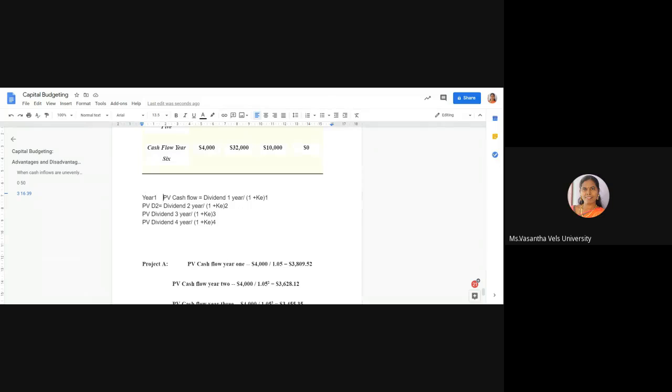So the dividend will not come here. Cash flow. The discount factor is nothing but your cost of capital, Ke. Now are you able to follow?